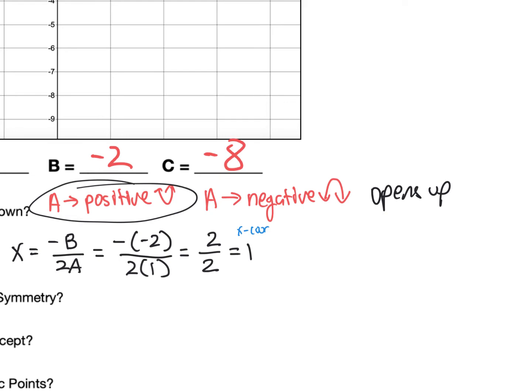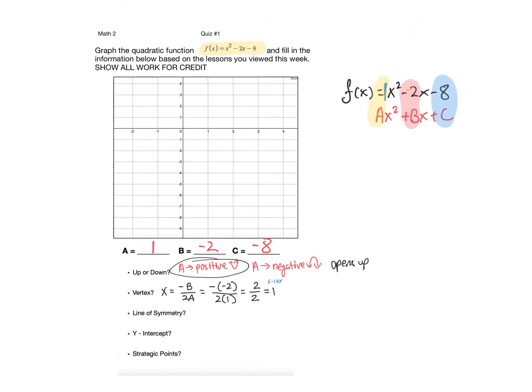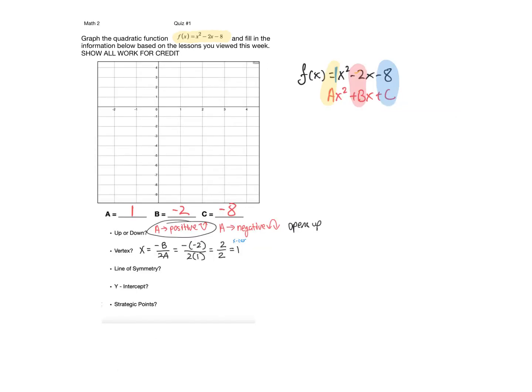So what we want to do is take that 1 and plug it into the original equation, which is right here, to find out what the y value is going to be. So let me set that up. I take that 1, and we're going to put it in for x up here. Let's take a look at how this plays out.